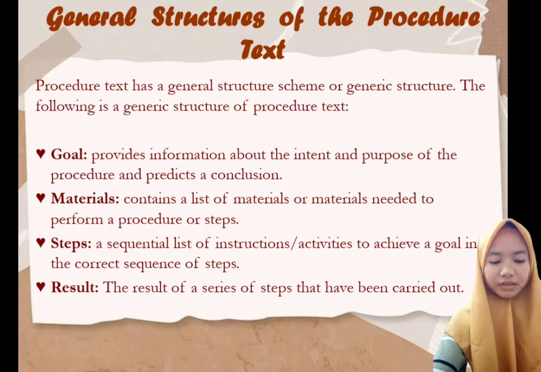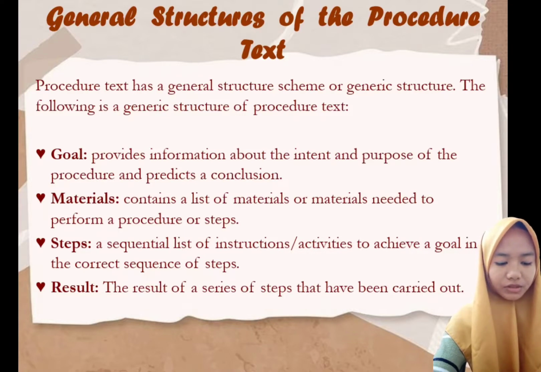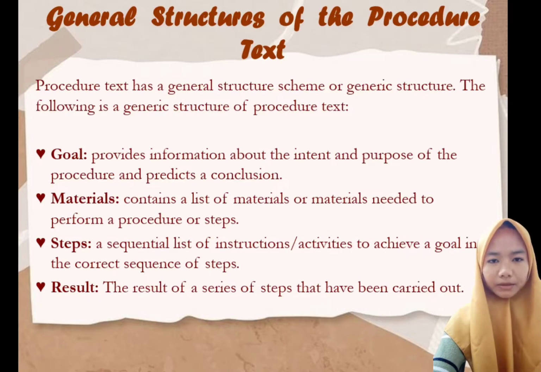Materials: contains a list of materials needed to perform a procedure or steps. Steps: a sequential list of instructions or activities to achieve a goal in the correct sequence of steps. Result: the result of a series of steps that have been carried out.